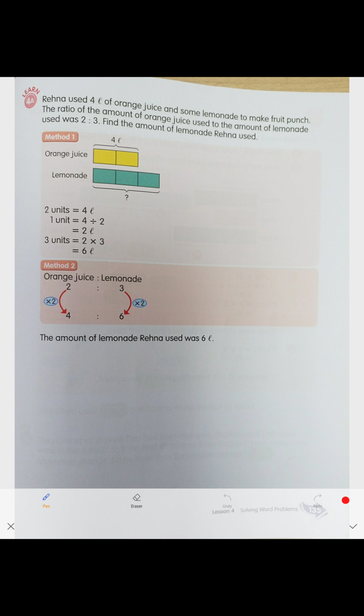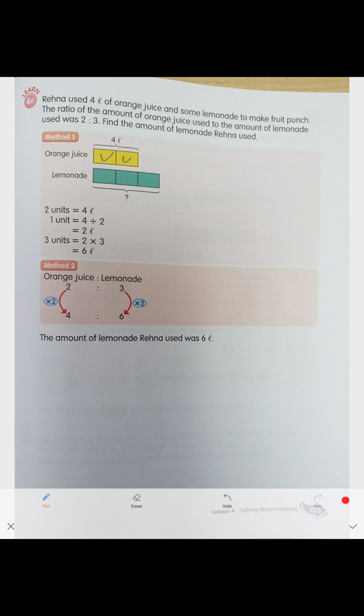Now next thing they teach us here is how can we use models and how can we use ratios, right, to solve this kind of word problem where we need to find the used amount. So Rena used 4 liters of orange juice and some lemonade to make fruit punch. The ratio of the amount of orange juice here, right, it was 2 to 3. And this is what they do.